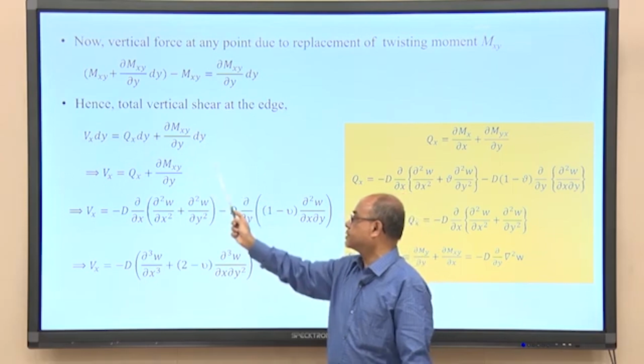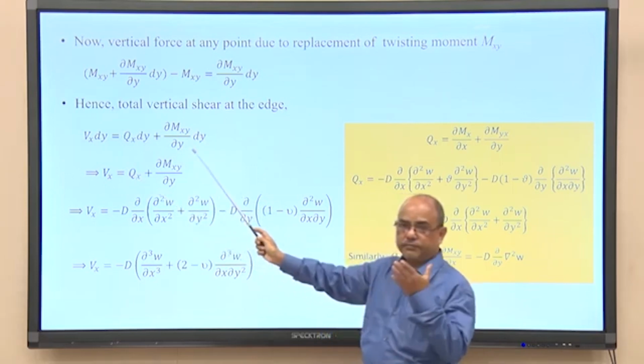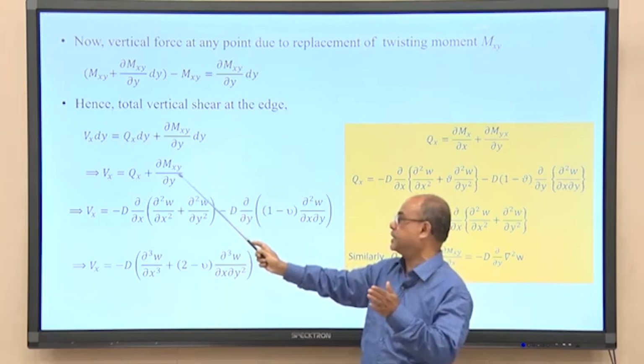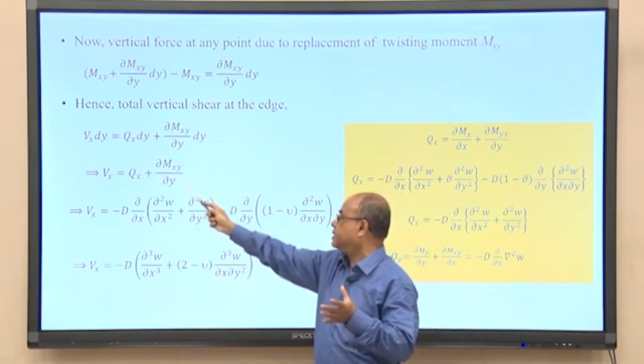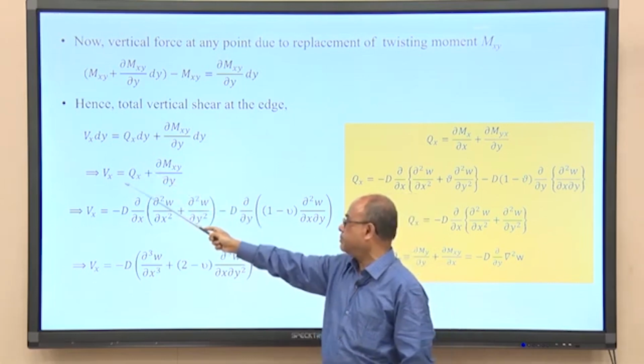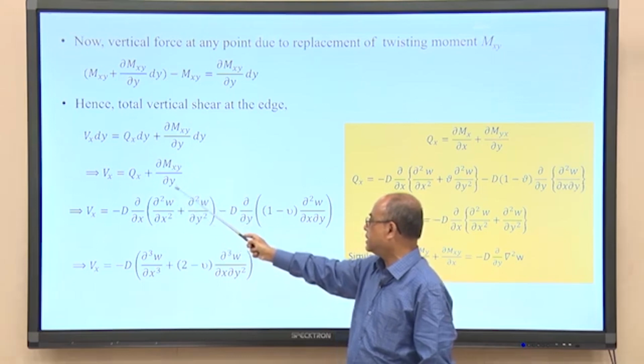If these two forces are added and equated to the S shear, then it will reflect the true boundary condition at the free edge. So, Kirchhoff has given this expression, and dividing both sides by dy, you will get Vx is equal to qx plus dmxy by dy.